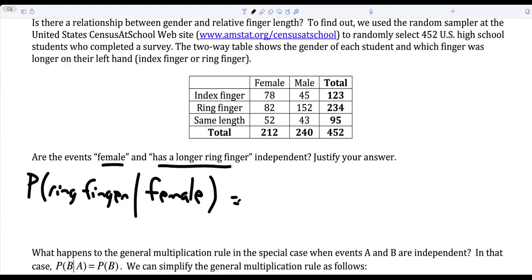What's the intersection of ring finger and female? Going to be right there, which is 82. Given the fact that they are female, so they must be female, so we are just looking at this column. So I have 82 divided by 212, which is 0.387.